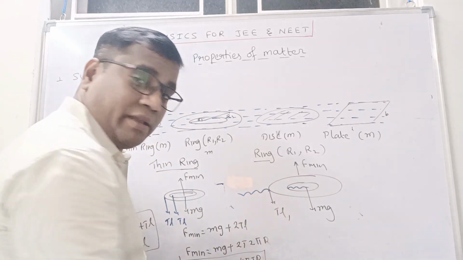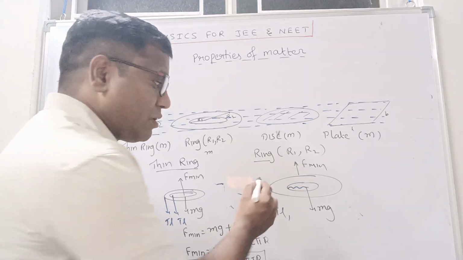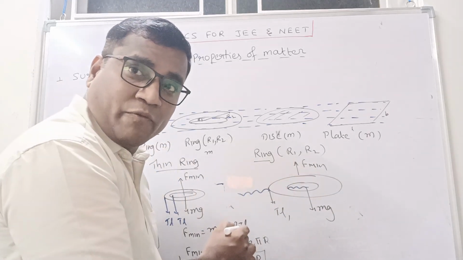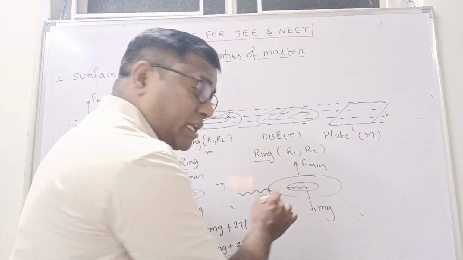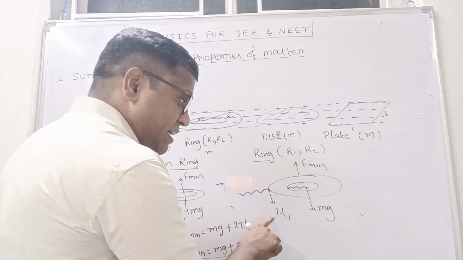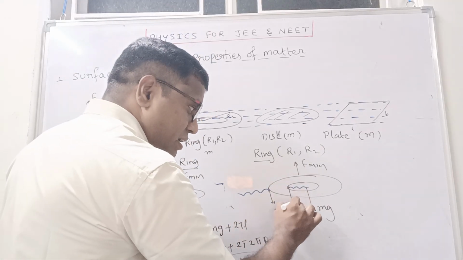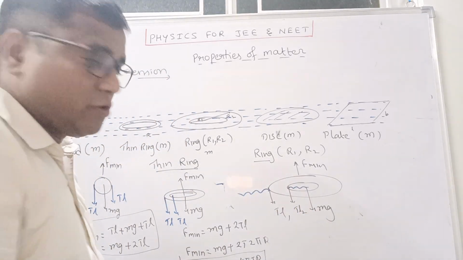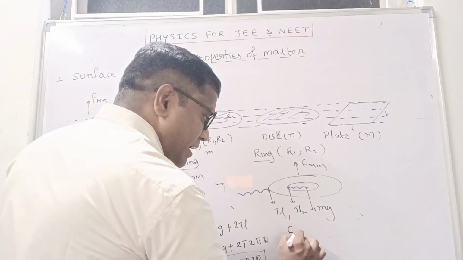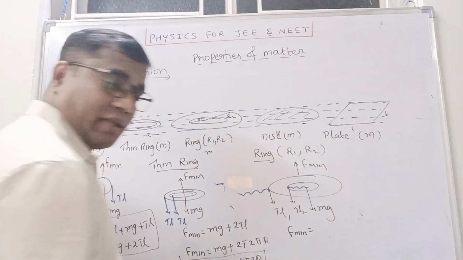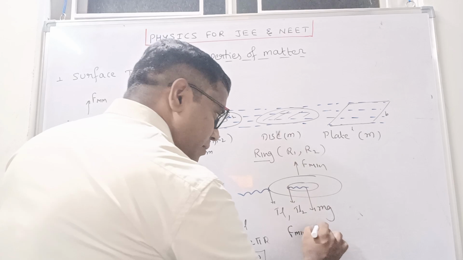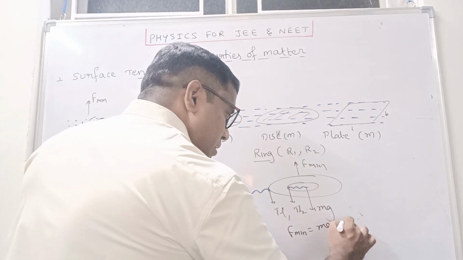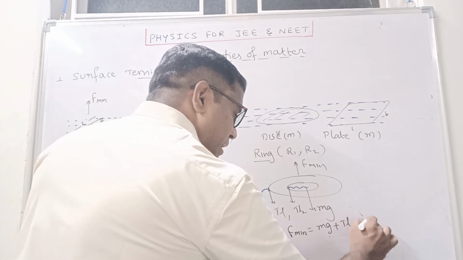I will call it TL1, because the outer circumference is different and the inner circumference is also different, that's why I'm writing TL1, and here it is TL2. So now we can write F minimum can be written as mg plus TL1 plus TL2.